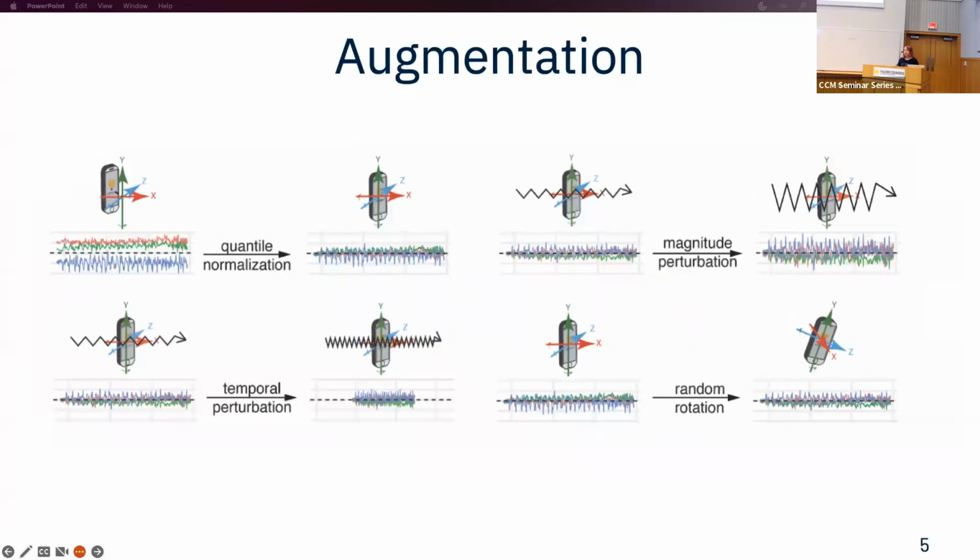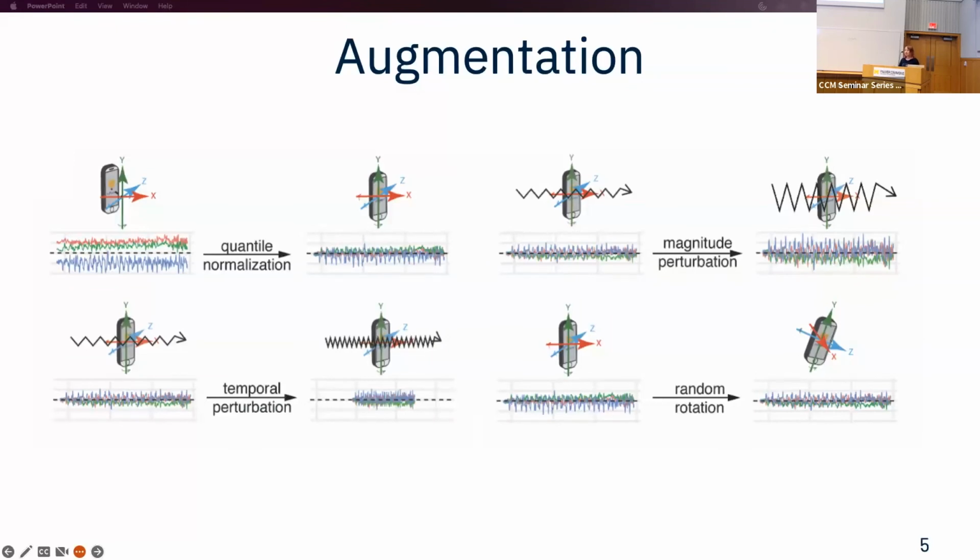So I want to introduce the augmentation method. We use this to combat the noisy background in the in-house collection from our smartphones, because for everybody, the smartphone can be positioned at a different starting state and a different position on the body. So first of all, we did normalization of the original coordinates of the smartphone.